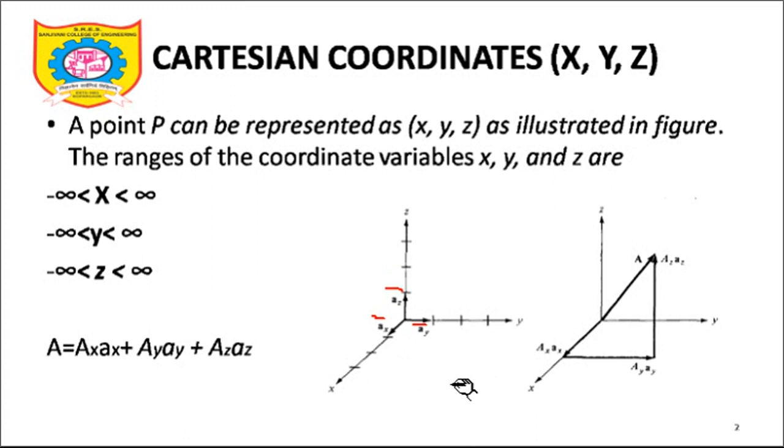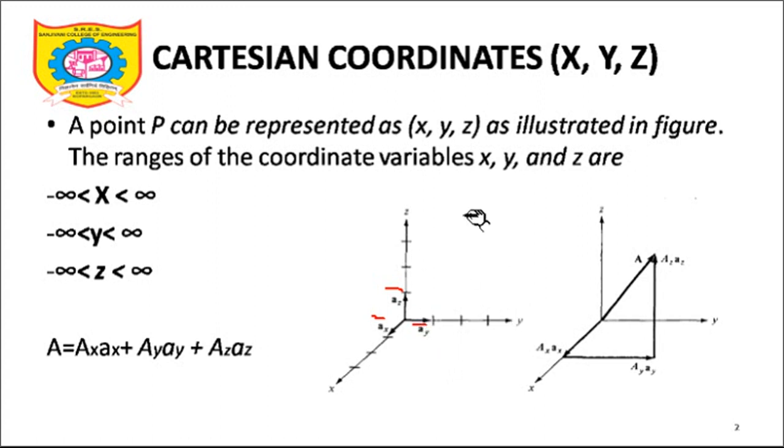You might have represented them in mathematics as i bar, j bar and k bar, or simply i, j, k. But from here onwards we will follow the convention where ax bar, ay bar and az bar will denote the unit vectors in the positive direction, this word is important, in the positive direction of x, y and z respectively.